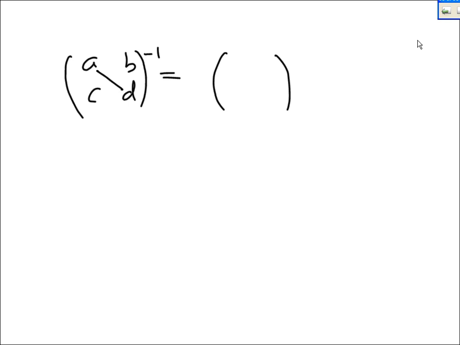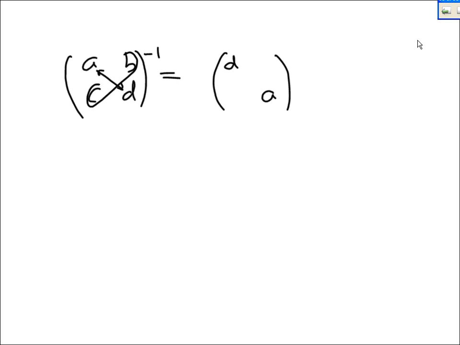Now, I'm not going to prove this, but if you have a 2 by 2 matrix and you want the inverse of it, interchange the entries on that diagonal. The D goes there, the A goes there. Nice and simple.